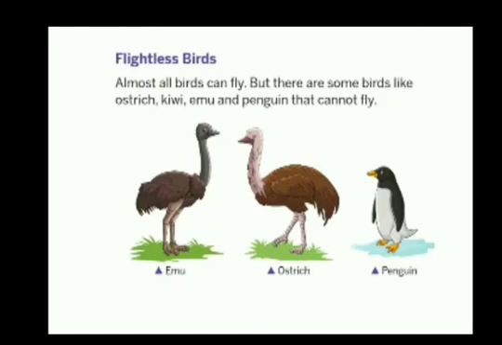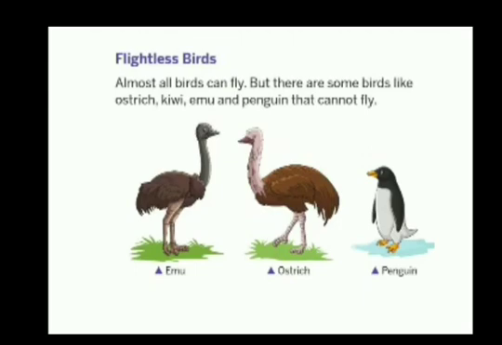Next is the flightless birds. Okay, almost all birds can fly, but there are some birds like ostrich, kiwi, emu, and penguin that cannot fly. Can you give the reason why they cannot fly? Children, they cannot fly because of their huge body.